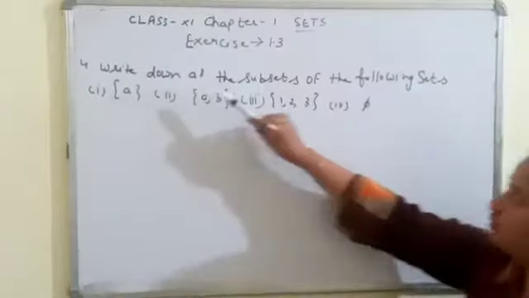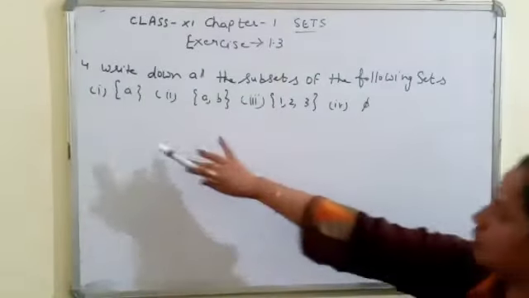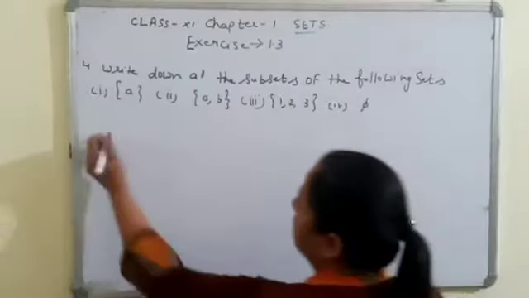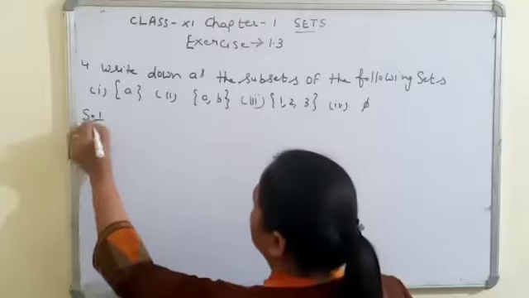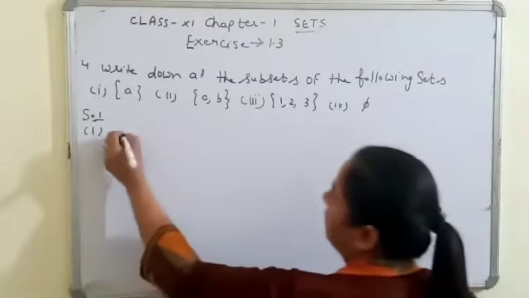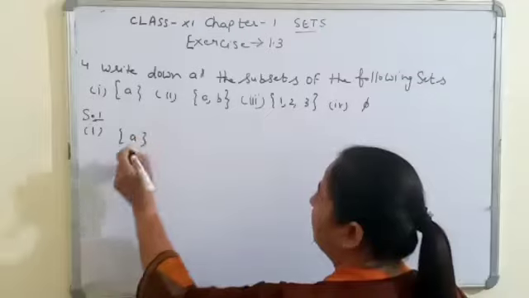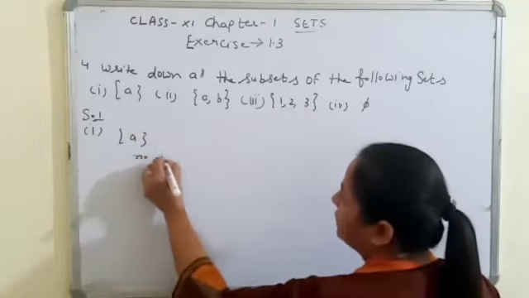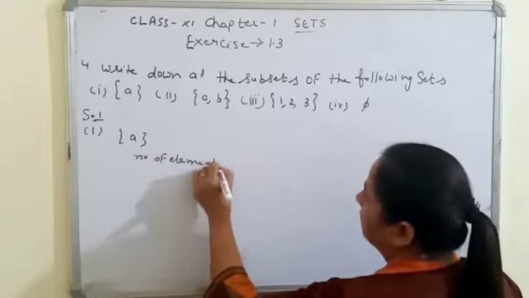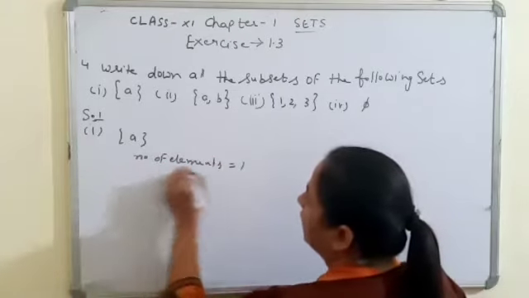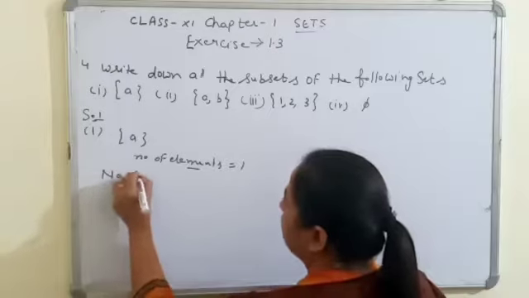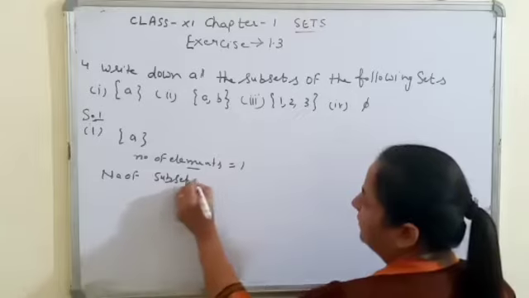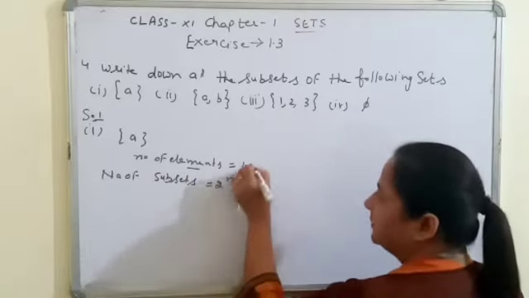Question 4 is: write down all the subsets of the following sets. Question 4 has 4 parts, so let's do it one by one. First is A, which has only one element. The number of subsets is 2^n, where n is the number of elements.